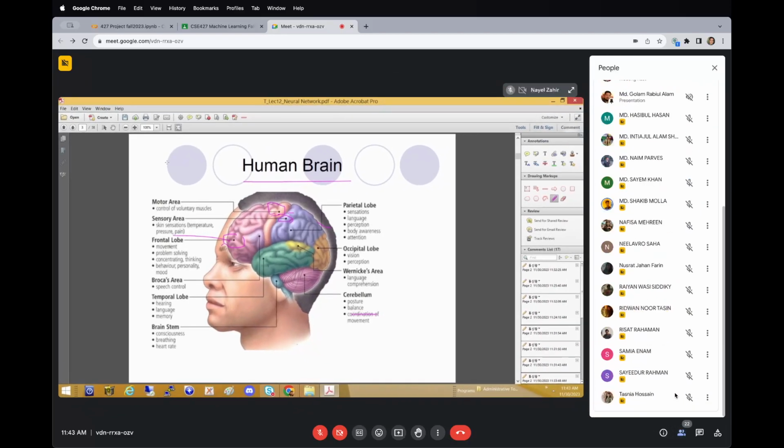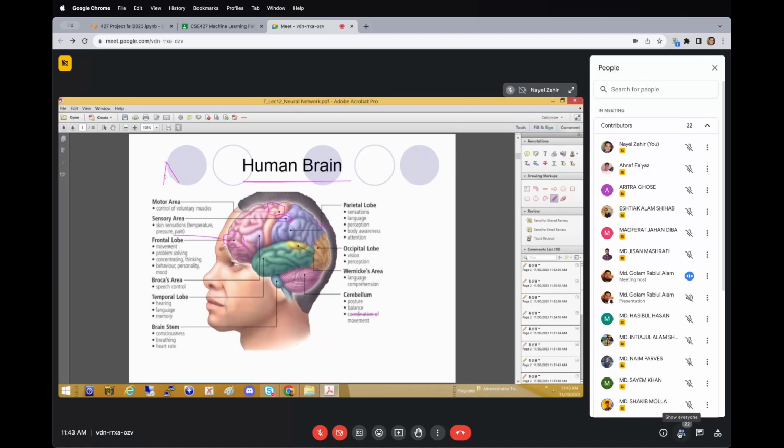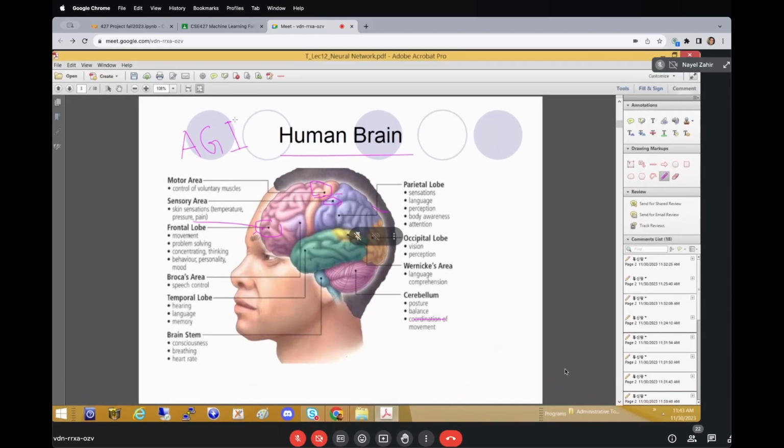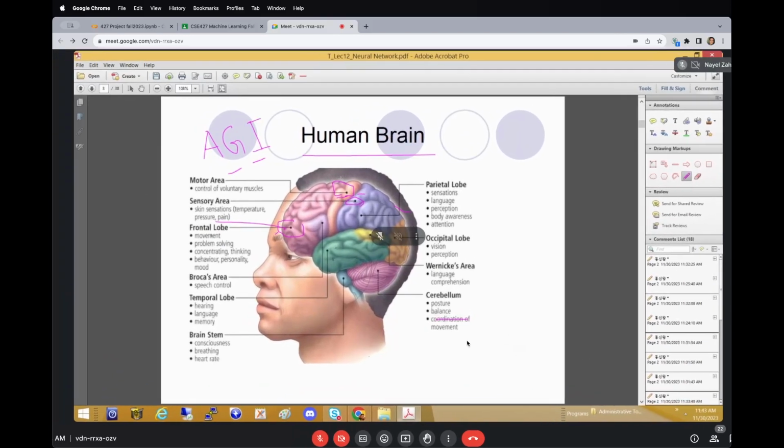Actually we want to develop something that we usually call artificial general intelligence, AGI. That means like the human brain, the same brain performs different functionalities.